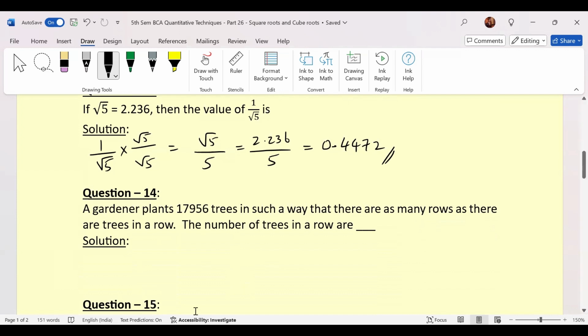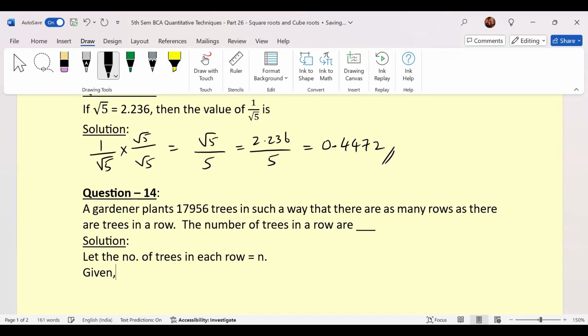So we will let the number of trees in each row equal small n. Given, the number of rows is the same, so that is also n.